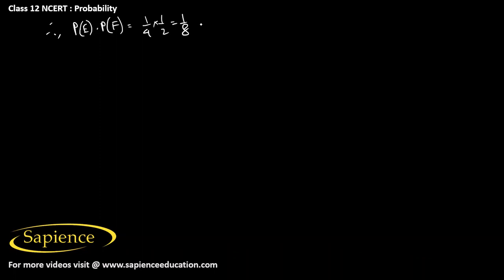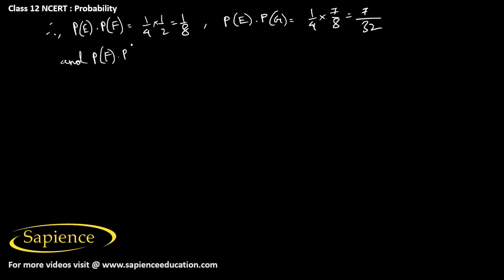Then we have to find P(E) times P(G) also. P(E) is 1 by 4 and P(G) is 7 by 8, so that is 7 by 32. Similarly, we have to find P(F) times P(G). P(F) is 1 by 2 times 7 by 8, so that is 7 by 16.